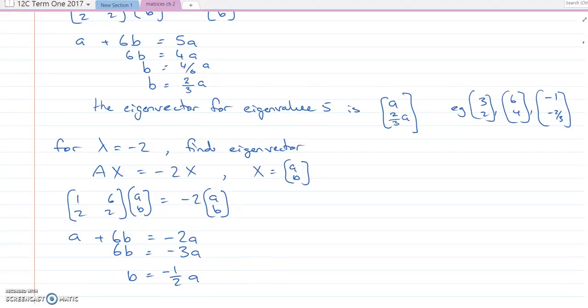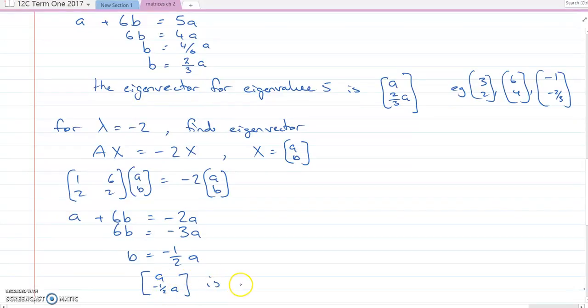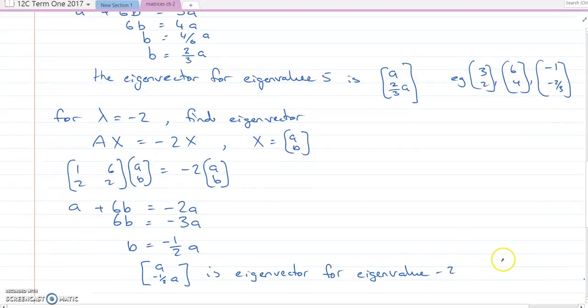Alright, so (a, minus a half a) is the eigenvector corresponding to eigenvalue minus 2. So any vector that's in that form, so (4, minus 2), (minus 10, 5), etc.